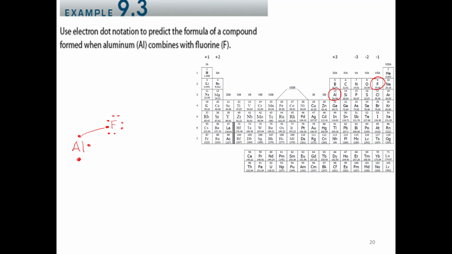Then fluorine is stable because now fluorine has 8 electrons. It looks like neon. But what happens with aluminum? Aluminum needs to lose 2 more electrons. And in order to do that, we need another fluorine. Yes, we need another fluorine, and then we will write this one here.